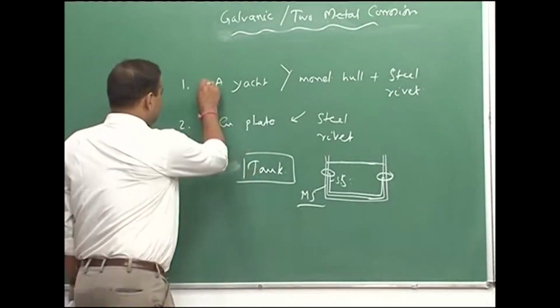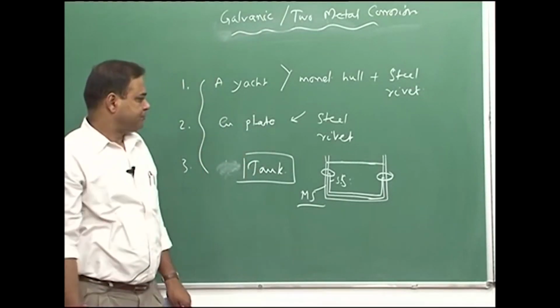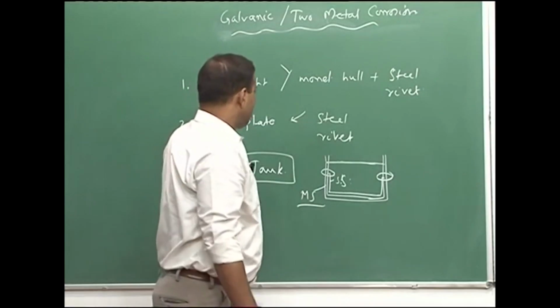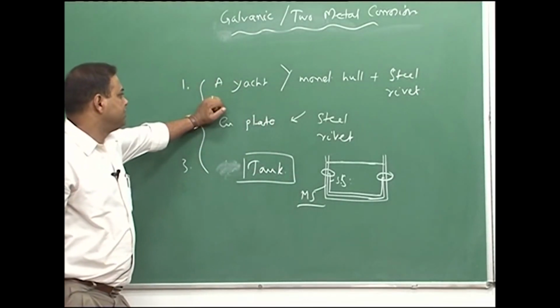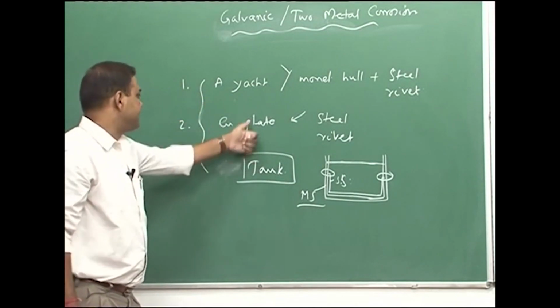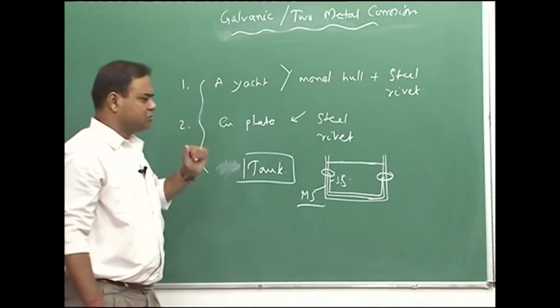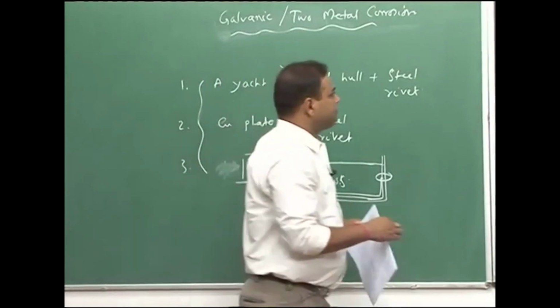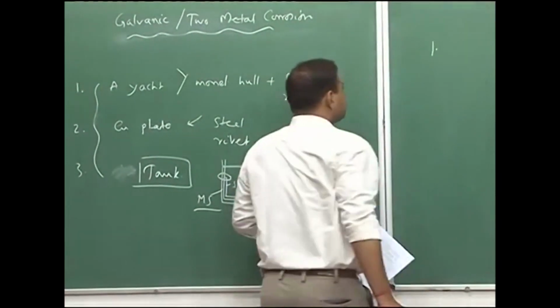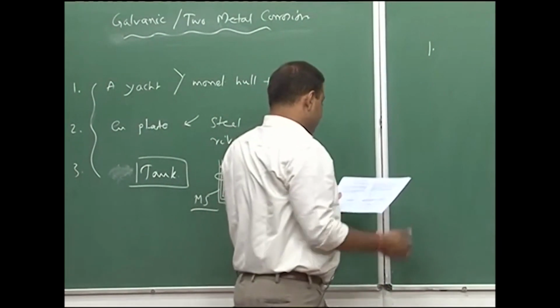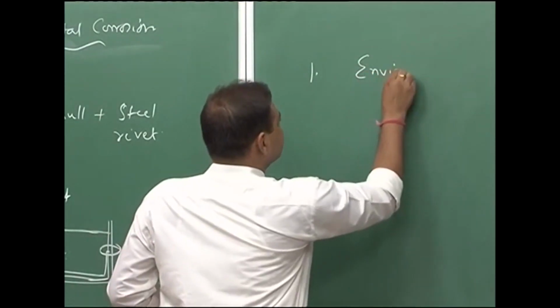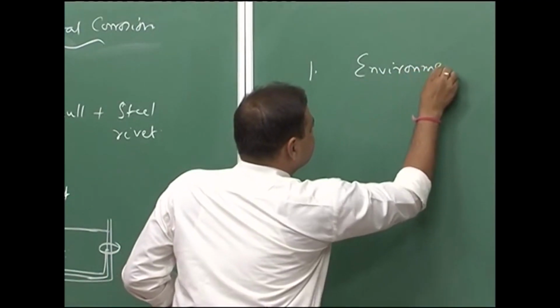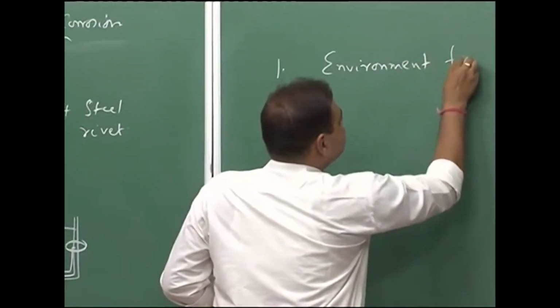Now we see all those examples. Until we see what factors are important in galvanic corrosion, we cannot explain much about this. Now, there are three major factors. One is the environment effect, environment factors.